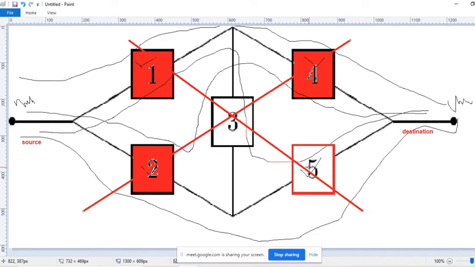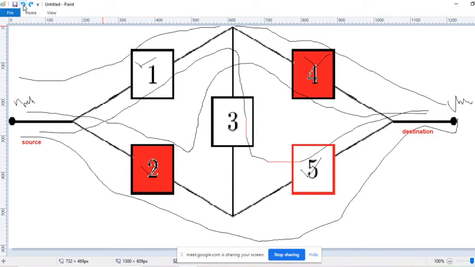And you can see that this is also a path vector, 1, 2, 3, 5.